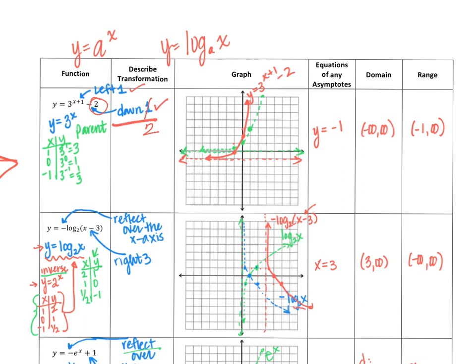So the whole graph here, when we move down 2, let's see if we can do some erasing. So we should actually have a couple changes here. It's going to change our asymptote and it's going to change our range. Okay, so if we're going to move down 2, that's going to be at the horizontal asymptote at -2.